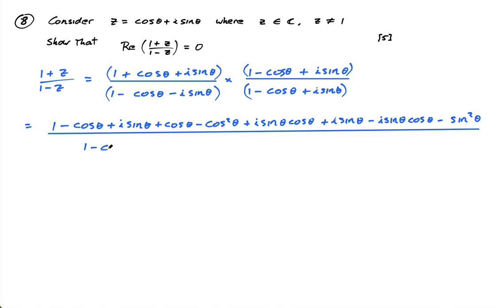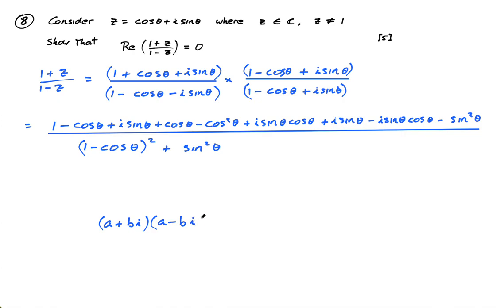So it's 1 minus cos theta squared plus sine squared theta.